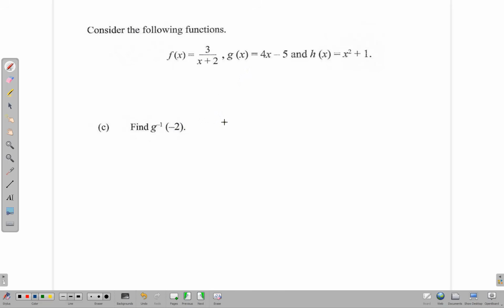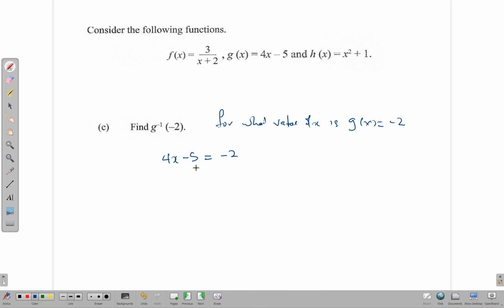It's also the same thing as, you could write it this way, for what value of x is g of x equal to negative 2. It's pretty much asking the same thing. So what we do is that we take this g function, 4x minus 5, and make it equal to negative 2.